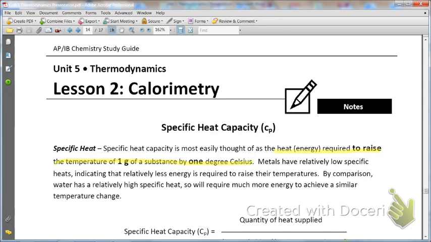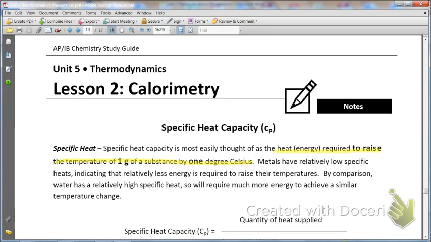If you have exactly 1 gram of a particular substance, whether it's a compound, a molecule, or an atom, the specific heat capacity is the amount of heat energy that's required to raise the temperature of that 1 gram by 1 degree Celsius. We can also change degree Celsius to Kelvin. So specific heat capacity is often measured per change in 1 Kelvin as well.